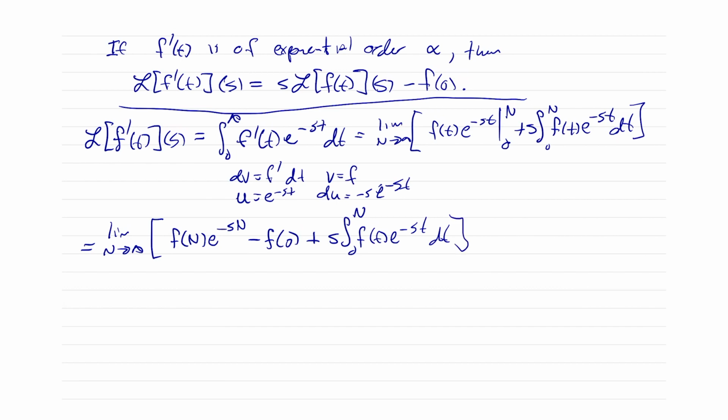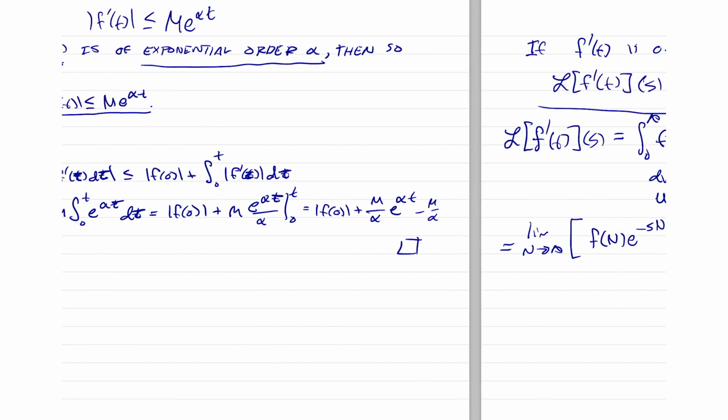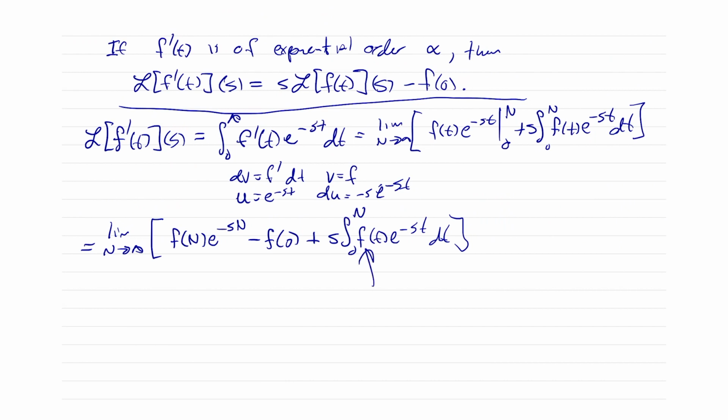All right, since we know that f of t is of exponential order, by this theorem we knew that f prime of t is exponential order, so that means f is. That means the limit as n goes to infinity of this integral exists. And also for big enough s, this guy goes to 0.